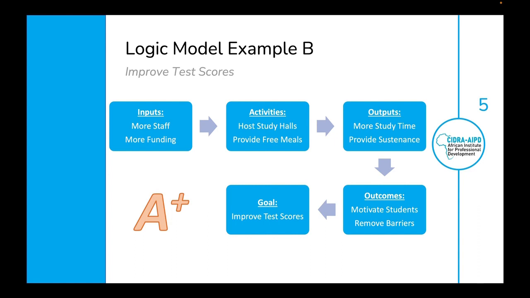That's really external, and we don't really have control over those actual outcomes, but logically they should be resultant. But obviously need to be tested with KPIs and followed up on. And then, as I said, our end goal is to improve test scores, and then we got this little A+ here as just a little visual aid.